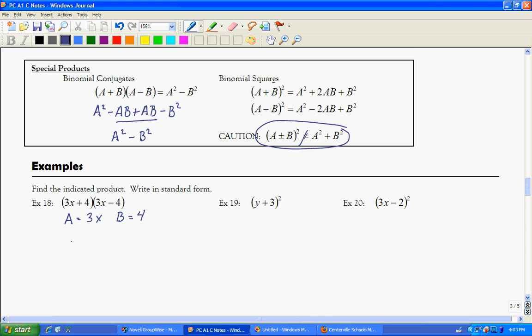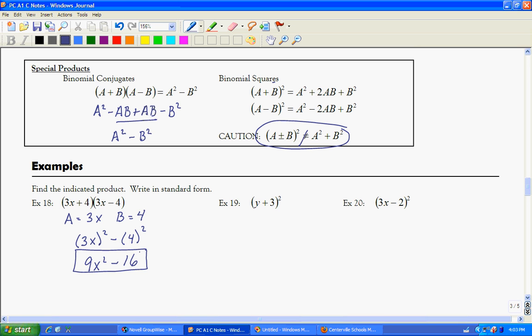So if we put it in the form of a squared minus b squared, that's going to be 3x in parentheses squared minus 4 in parentheses squared. 3x squared is equal to 9x squared minus 4 squared, which is 16. So if you know those special products, it makes the problem really quick and easy.